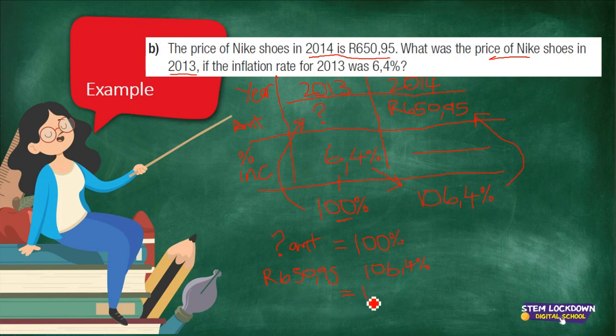So I'll have 100% times 650.95 divided by 106.4%.